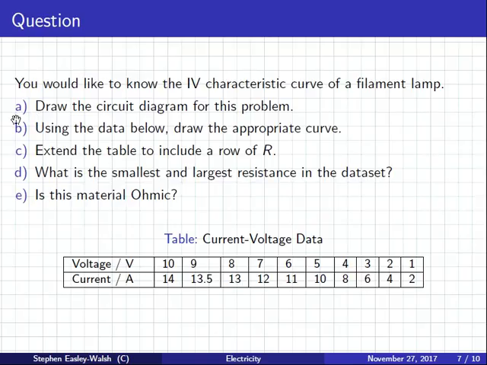So let's go straight into part B, which is to make the graph. Now, I'll make the graph and you can just draw it roughly. But what I would need you to do is just write down this table, the data.